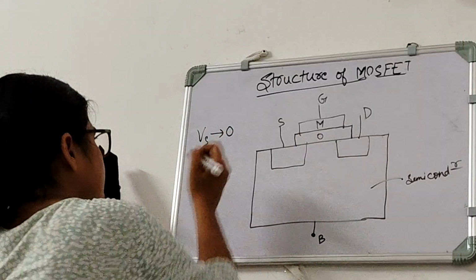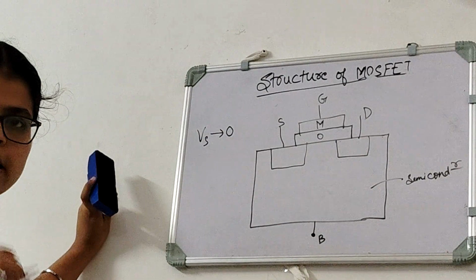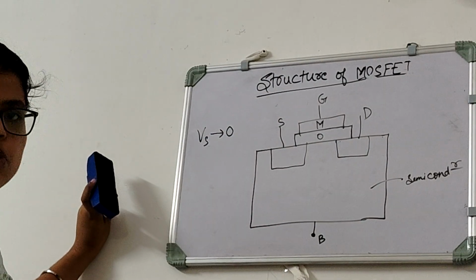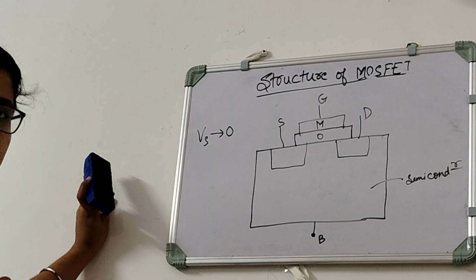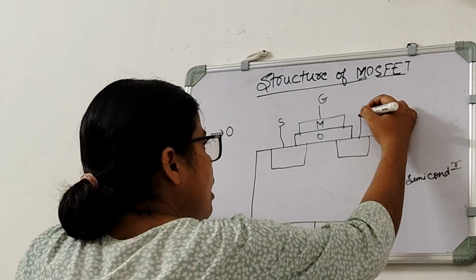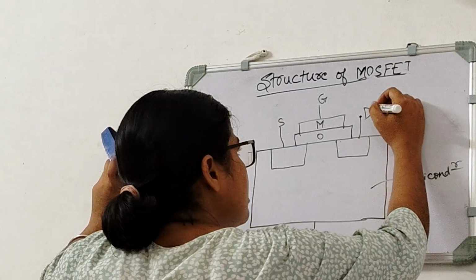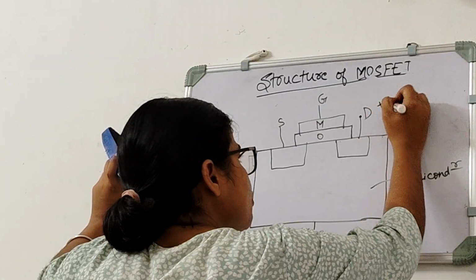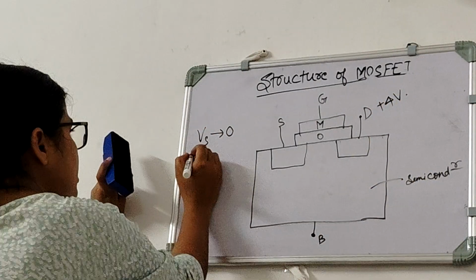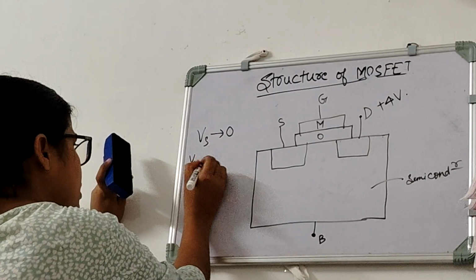So there we will consider this source voltage as the reference. So we will consider this voltage as 0, that is Vs to be 0, because we will take it as the reference voltage. We will just apply voltage at D, that is drain. If we apply, let's say, plus 4 volt, then our VDS will be what?